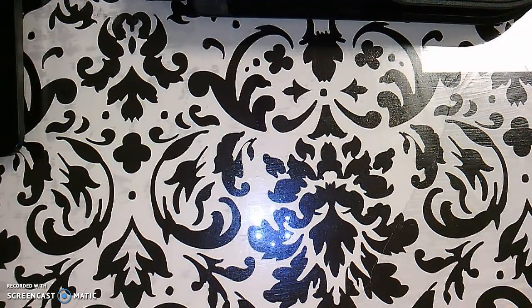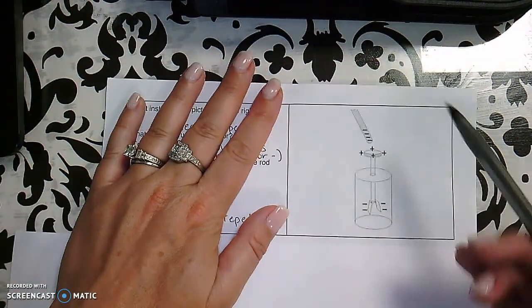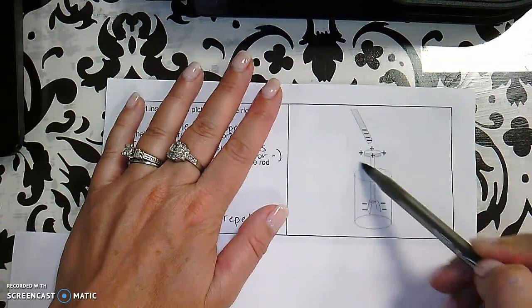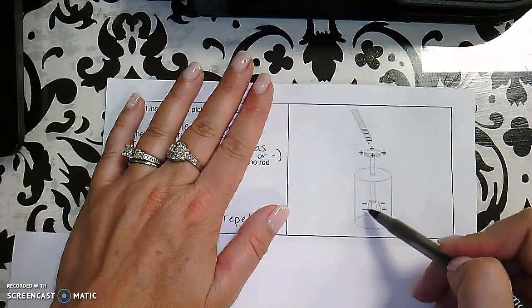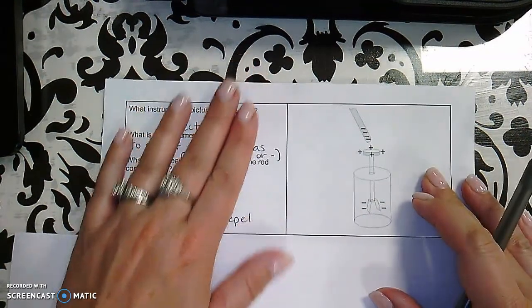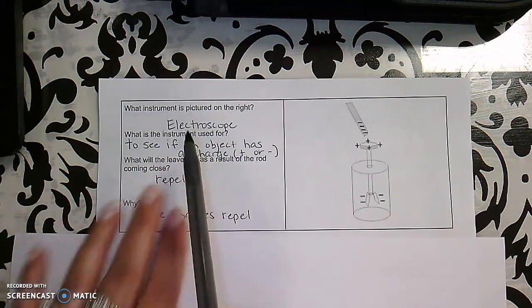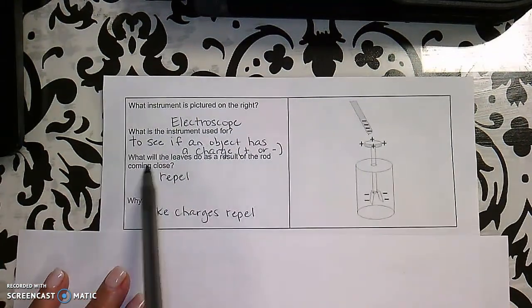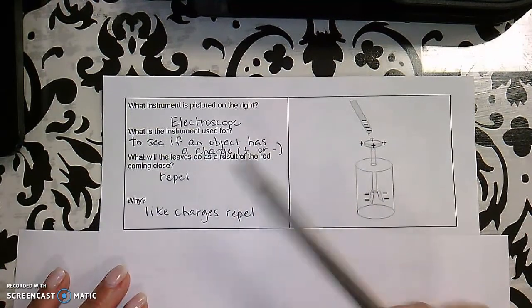All right, so on our next page, we have a picture of this object, and it is an electroscope. So we look right here at this object, and we have a negative rod, so the positives are attracted to it, and that means that these negative electrons are repelling here. This instrument is used to see if an object has a charge, whether it's positive or negative.